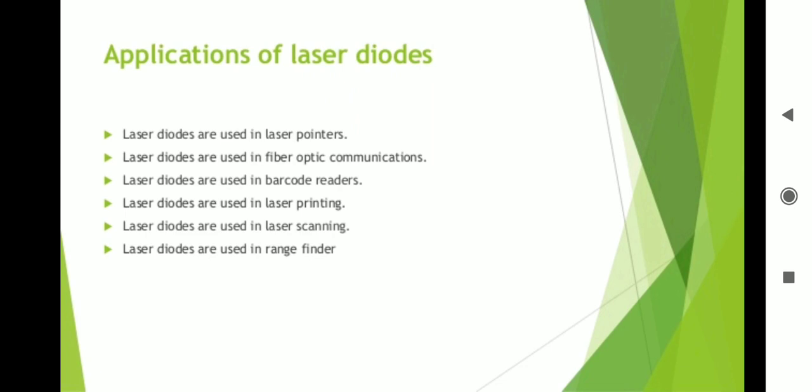You can use this diode also in sound recording and reproduction in CD players. At some places these diodes are used for welding purposes. These diodes can also be used as a sharp cutting tool in machine tool applications.